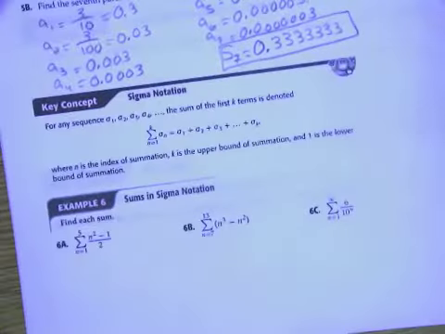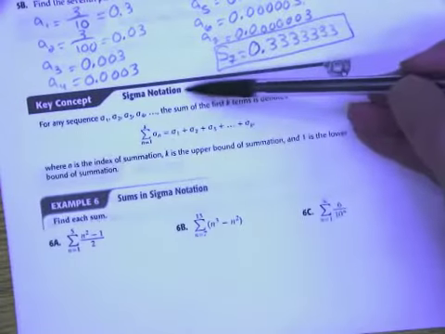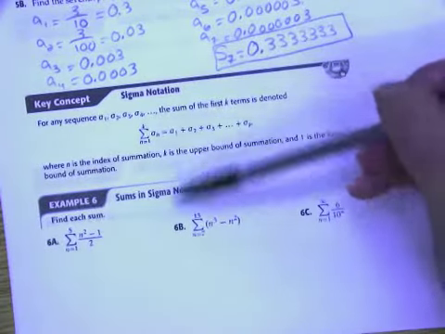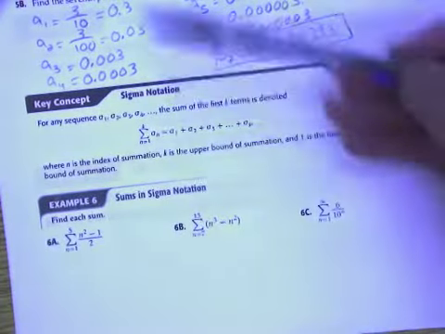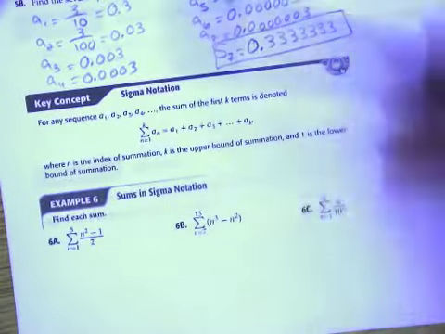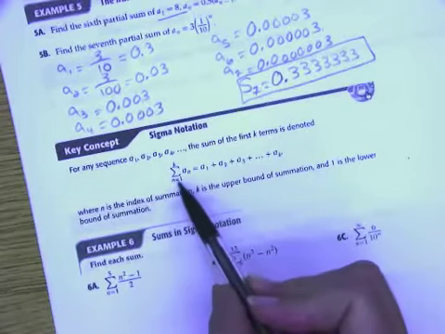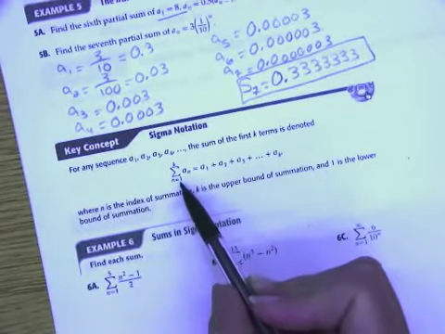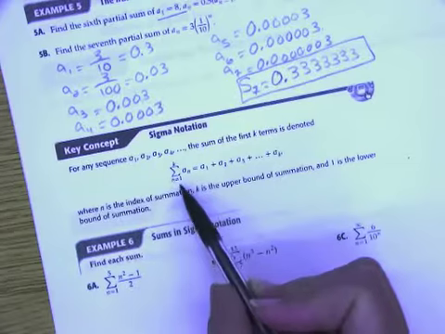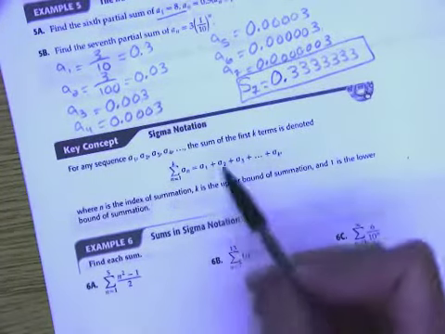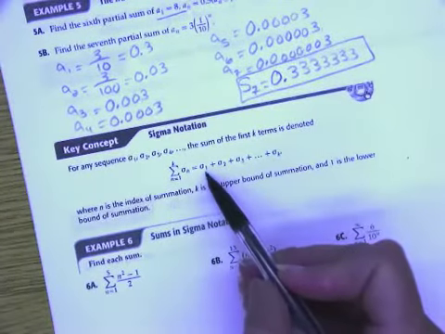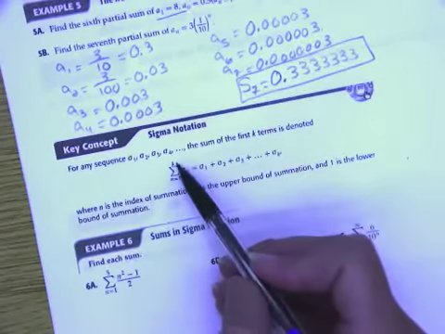The last bit of vocabulary in this lesson has to do with sigma notation, which is just another way of notating a series. It's a summation. In this notation, this n equals 1 is indicating that the first term of the sequence that I'm including in my sum is, in fact, the first term of the sequence.